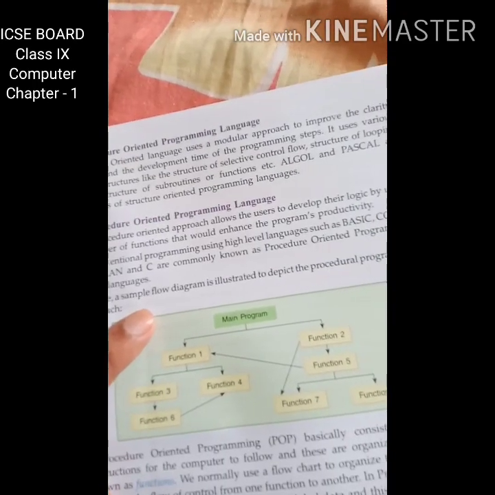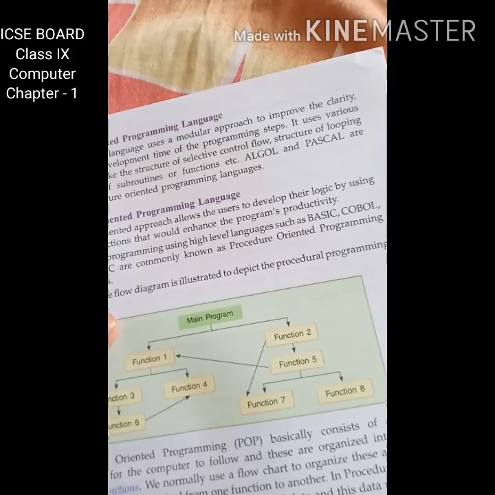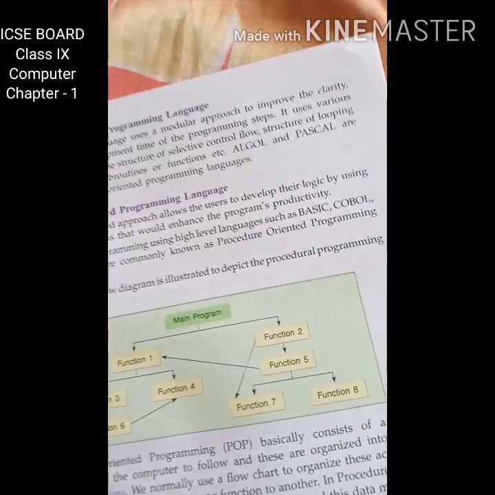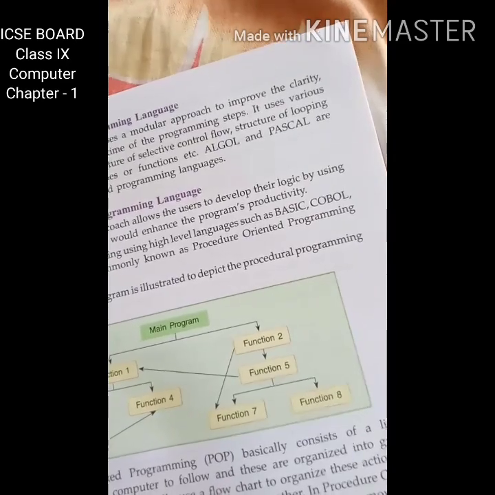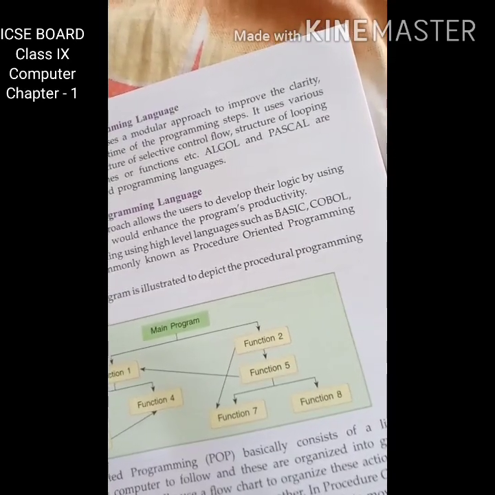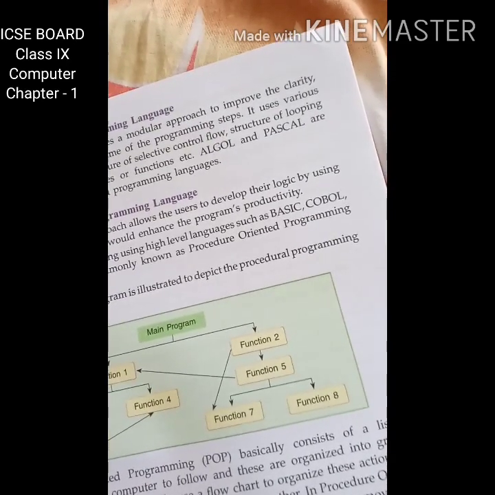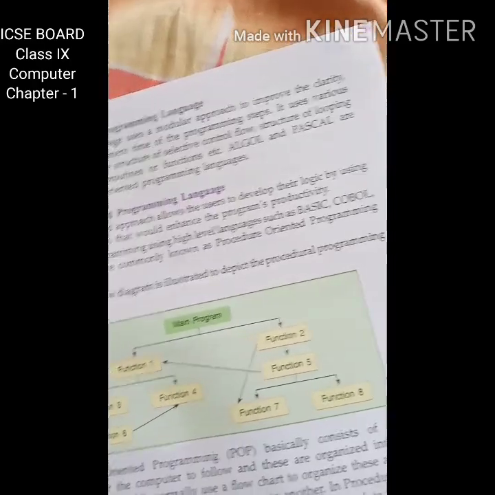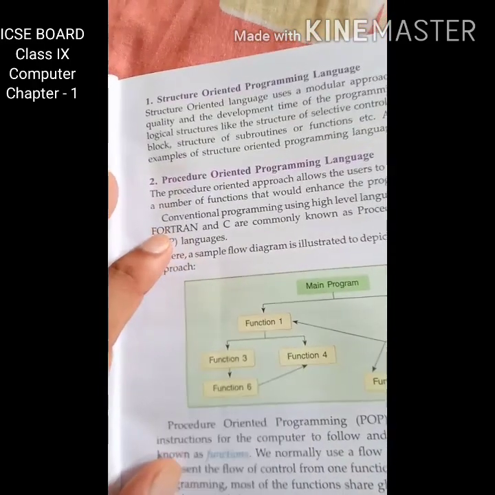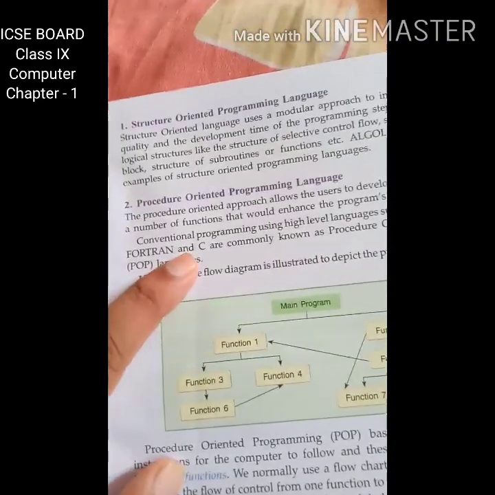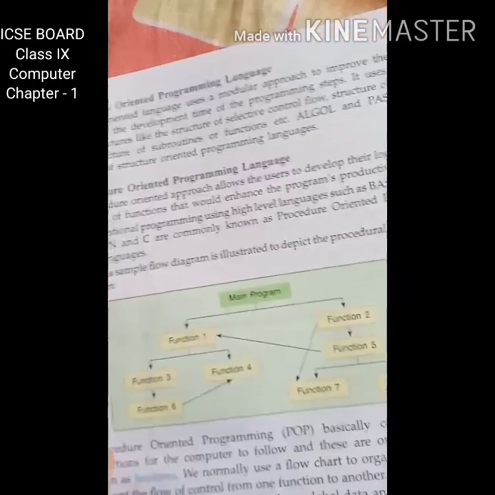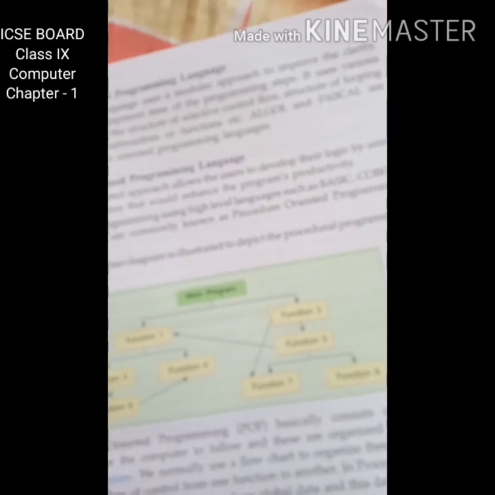So Fortran, BASIC, COBOL. BASIC's full form you know very well, you have already studied in class 8: Beginners All purpose Symbolic Instruction Code, and COBOL: Common Business Oriented Language, Fortran: Formula Translation, and C is a pure procedure oriented programming language.